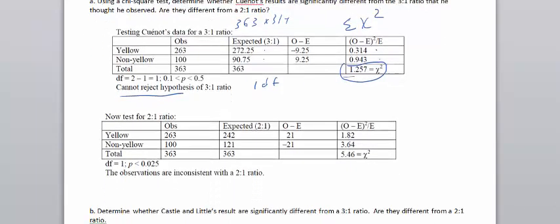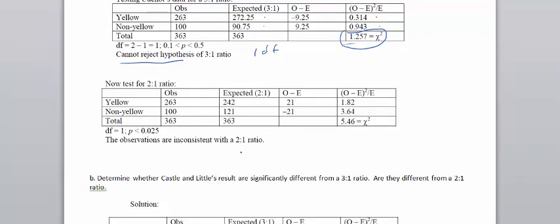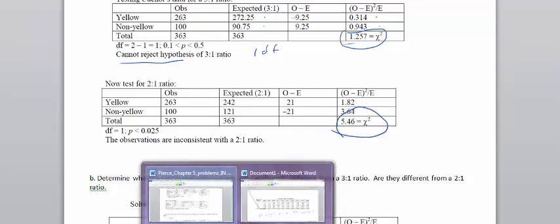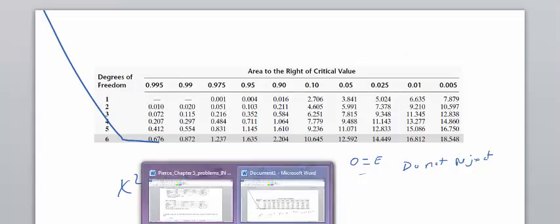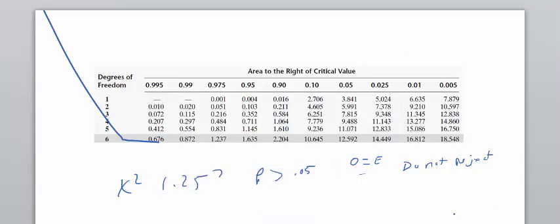So when they did it for a 2-to-1 ratio, they got a chi-square value of 5.46. If we go to the chi-square table, here's the same data, and this was testing the 3-to-1 model.